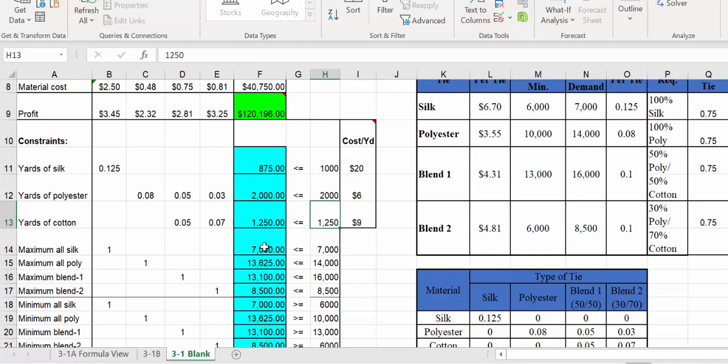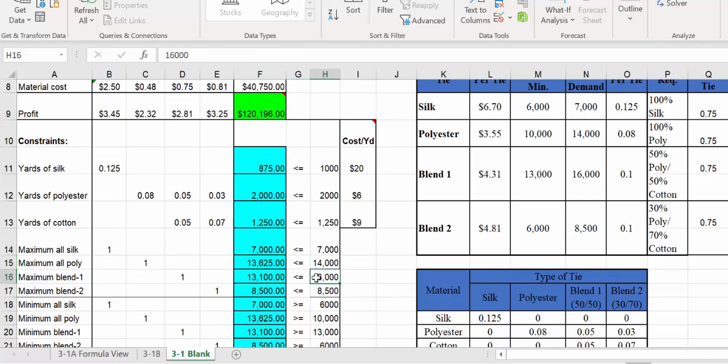In terms of maximizing all silk, the department store wanted a maximum of 7,000 and they sold 7,000. But notice here, 14,000 for maximizing poly. And it looks like they did not reach it, there's some more money to be made. They sold 13,625 units. But the department store says, yeah, we'll accept up to 14,000.